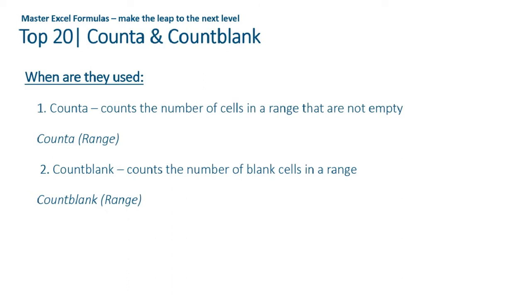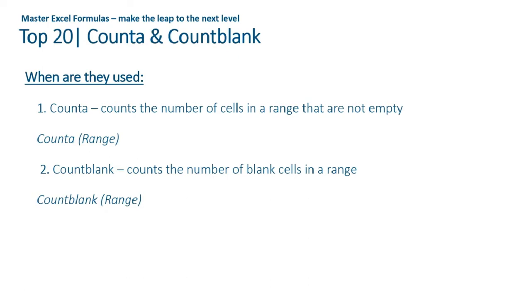So COUNTA and COUNTBLANK. COUNTA is used to count the number of cells in a range that are not empty, whereas the COUNTBLANK formula counts the number of blank cells in a range. And the structure of these two formulas is actually the same. All you have to do is enter the range in which you want to count the specific number of cells that have values or that are empty.